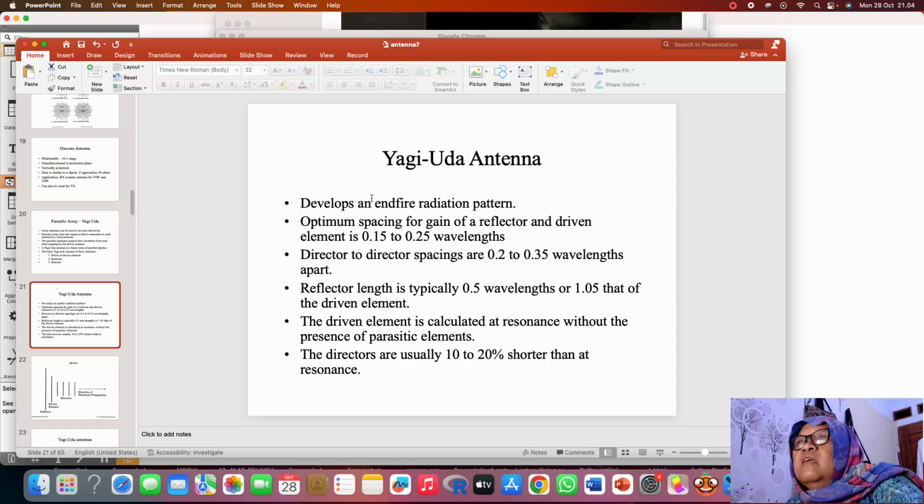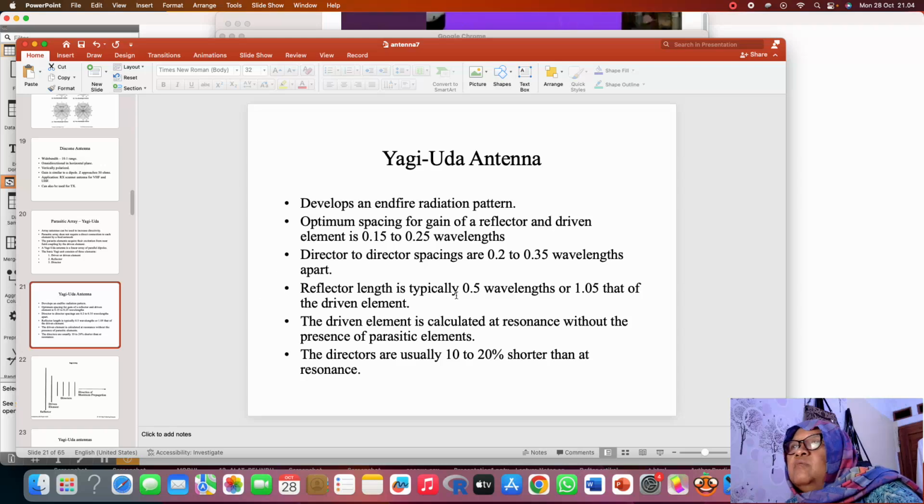Now this develops an end-fire radiation pattern. Optimum spacing for gain of the reflector and driven element is 0.15 to 0.25 wavelength. Director to director spacing is 0.2 to 0.35 wavelength apart.